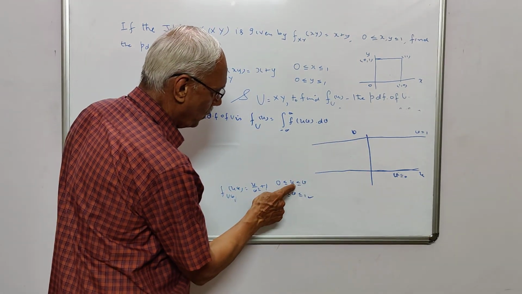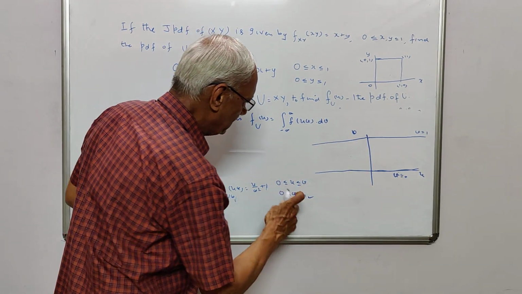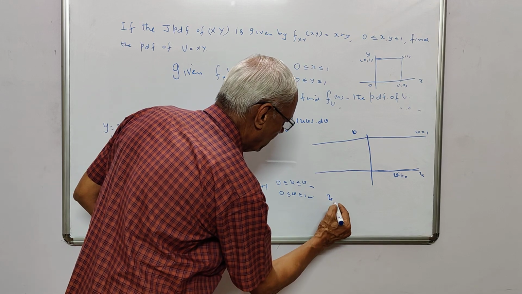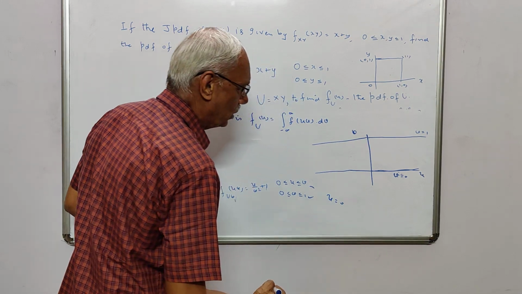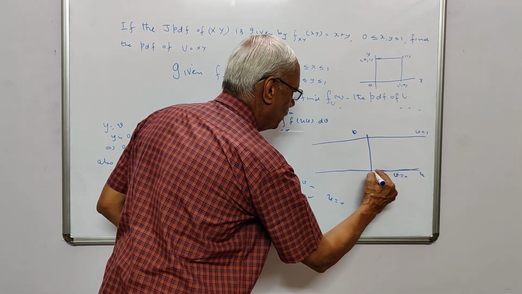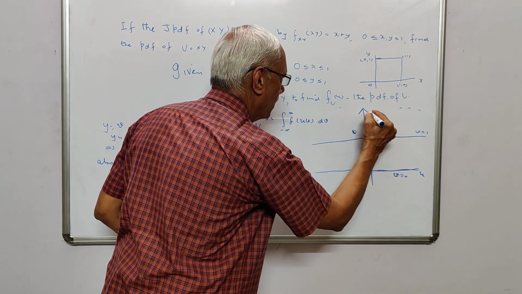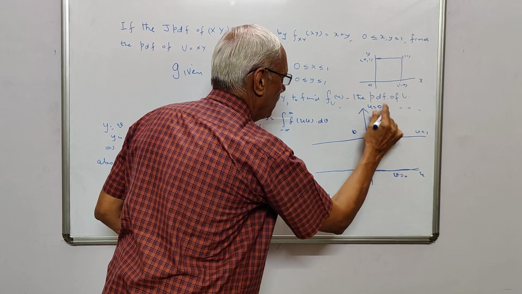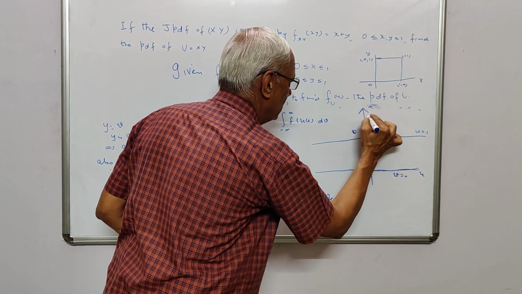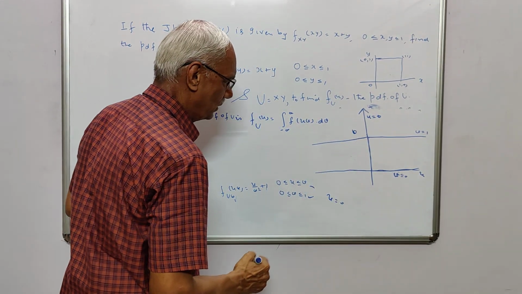And if you want to draw this line, you draw the line u is equal to 0. So your u is equal to 0 is this line.